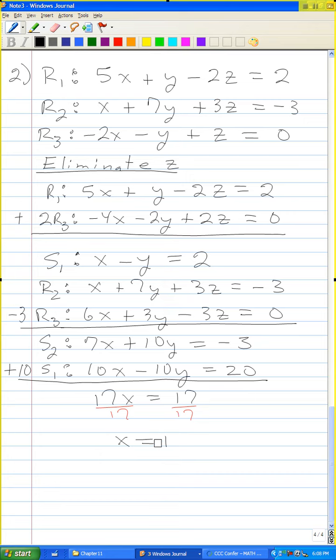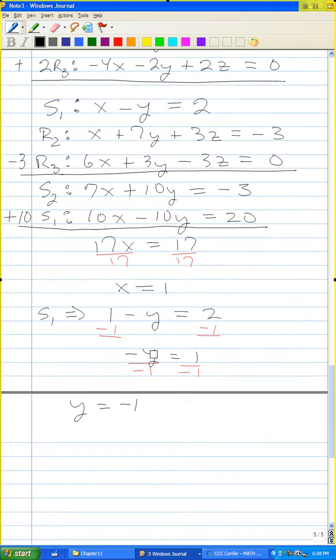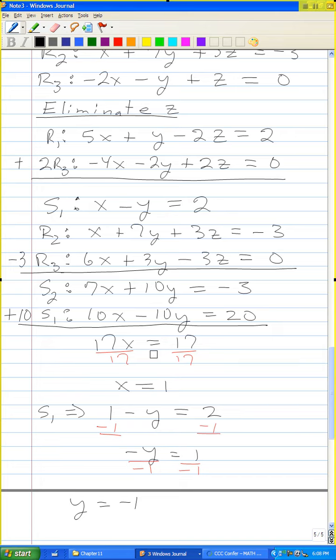So I know my x, I can figure out my y. Maybe I'll use S1. And so x minus y equals 2. Subtract 1 from both sides. And so I get negative y equals 1. Divide by negative 1. So I get y is equal to negative 1. So I know x, I know y. I want to figure out z. I can probably use third equation. So let's use R3.